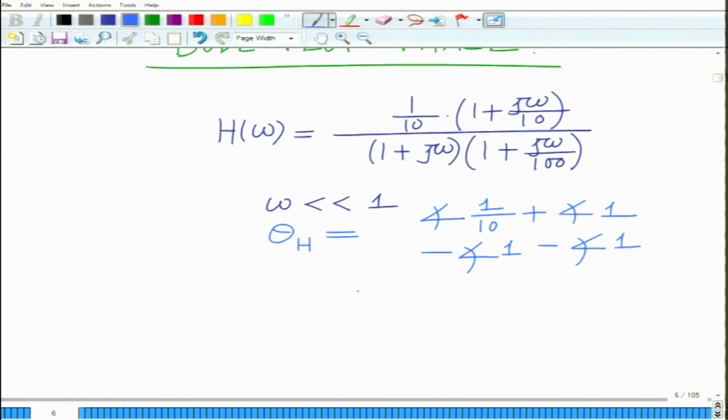Now, all these angles are 0 because these are real numbers. So, theta H is basically 0 degrees, okay.